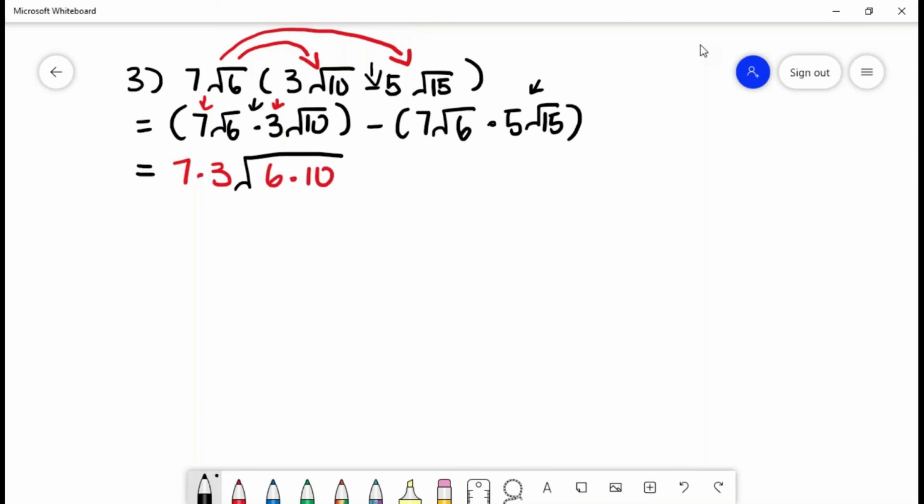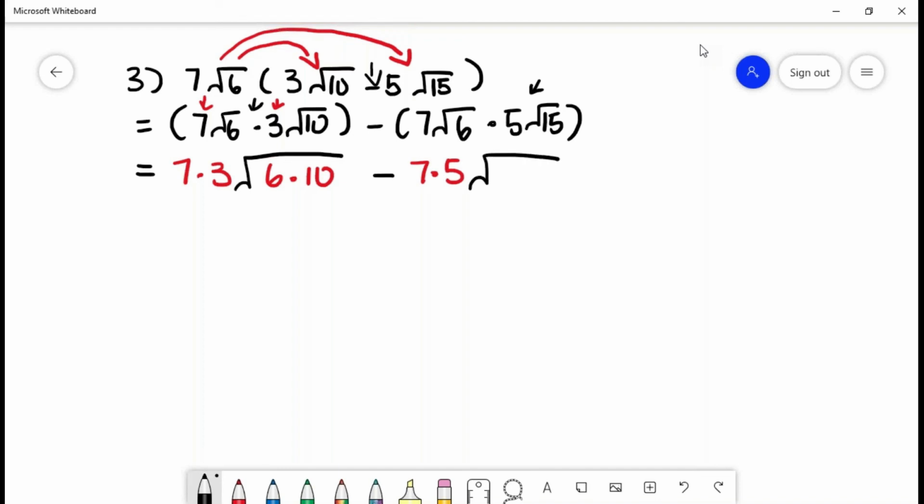And now, taking a look at this, that is subtracted by 7 root 6 times -5 root 15, so that's basically what we're evaluating now. And now we have 7 root 6 times 5 root 15 here. And now carrying out the same process of multiplying these radicals, we have 7 times 5, which is 35. We can write that in our next step.